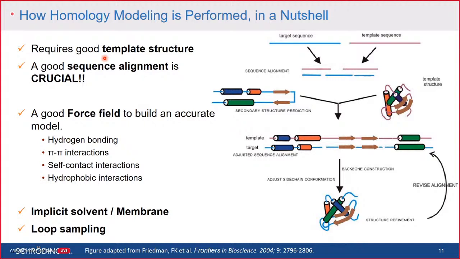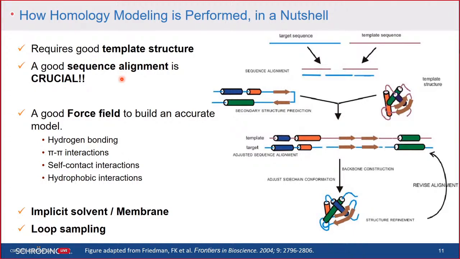That template structure should be good enough, with good resolution, no missing residues, good query coverage, and good identity and sequence similarity. If you get a good template structure, most of your problems are already solved.